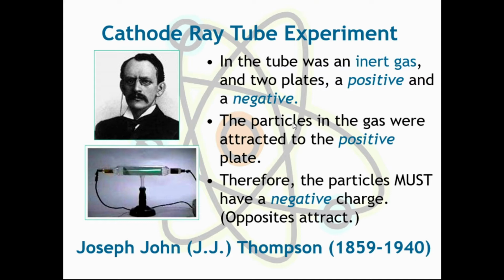Now he saw that the particles in the gas were attracted to the positive plate. When J.J. Thomson put in the inert gas, which is supposed to be unreactive and will not interact chemically with any other material, he saw that some of the gas particles were attracted to the positive plate of his cathode ray tube.